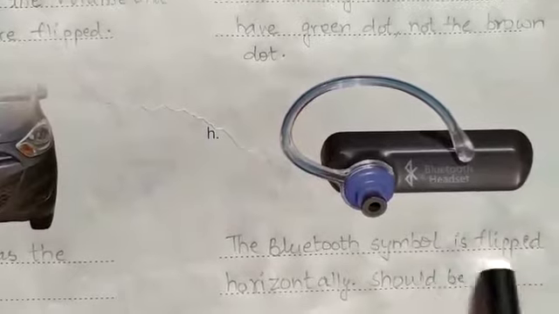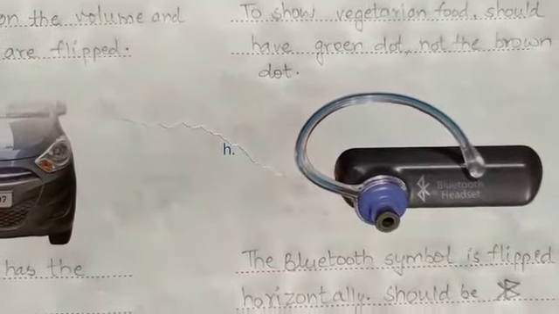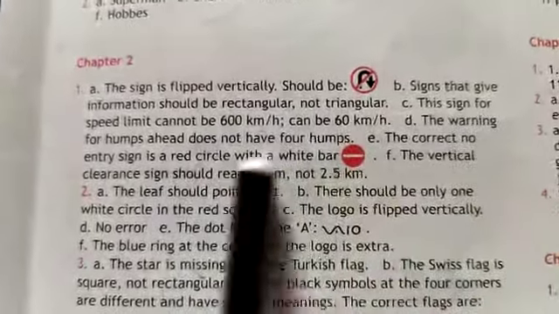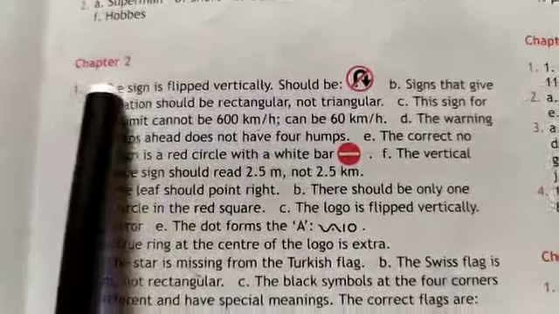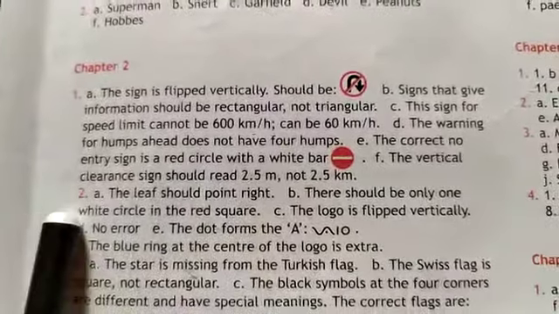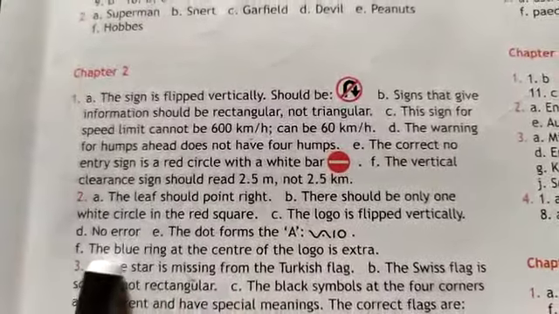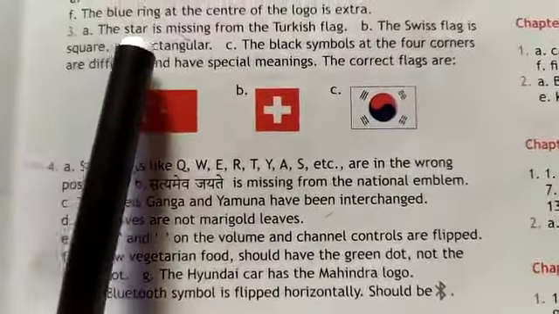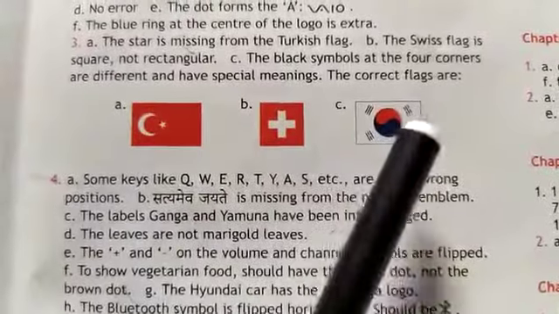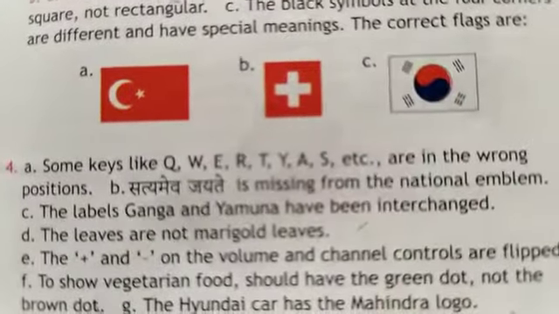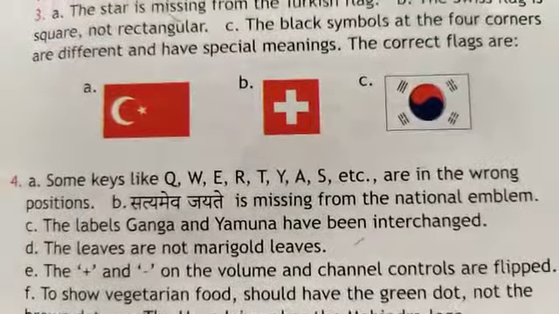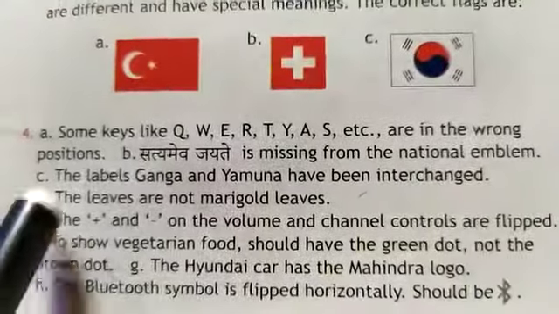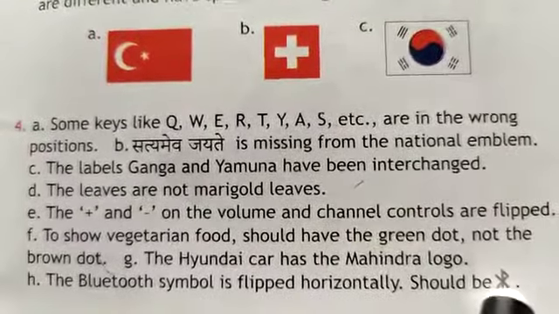H part. Here, these are all the answers which you had to write. 1 A B C D E F, then second A B C D E F, then here is the third one. These are the flags which you had to, you can see here, right? And this is the fourth part, answers like this one.